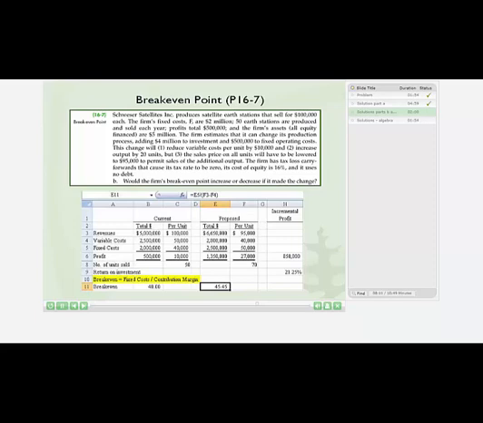Okay, Part C then says, would the new situation expose the firm to more or less business risk than the old one? Let me answer that. It's impossible to state unequivocally whether the new situation would have more or less business risk than the old one. We probably would need more information, like the sales probability distribution, and maybe some idea of the uncertainty about variable unit costs in order to make this determination.